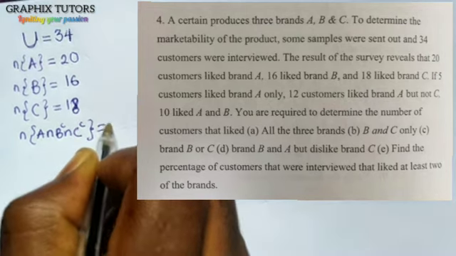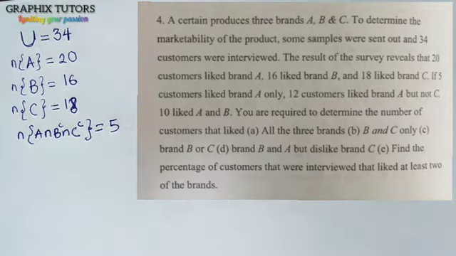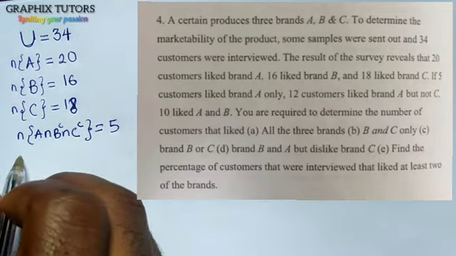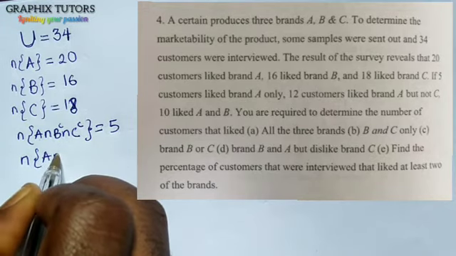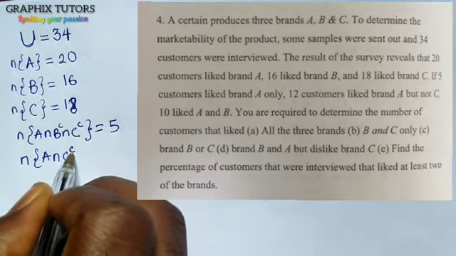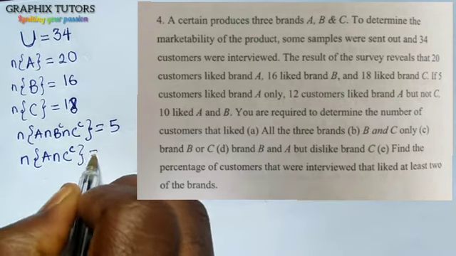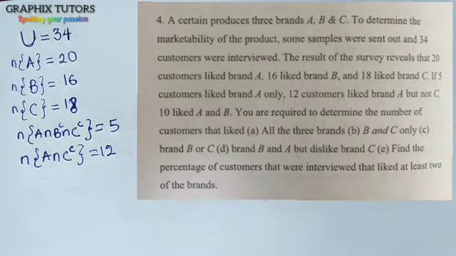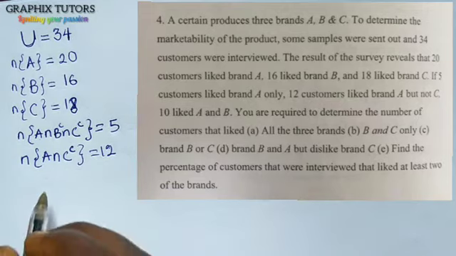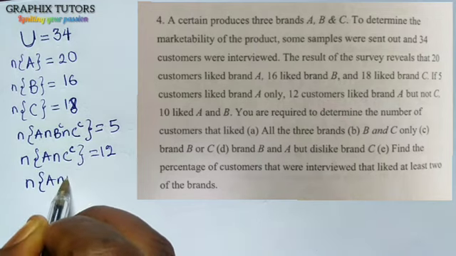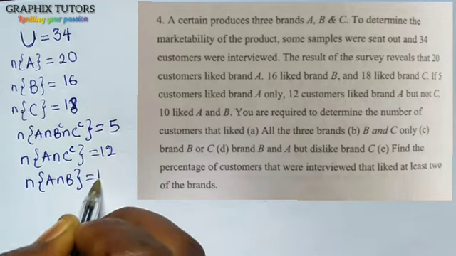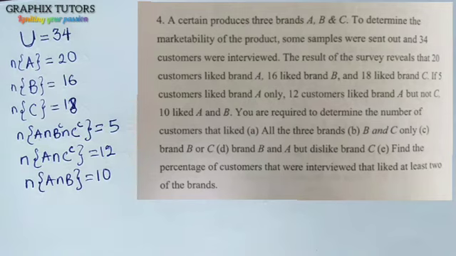And we'll say there are 5 customers that like brand A. Now 12 customers like brand A but not C. It says the number of customers that like brand A but not C, the complement means that but not C, is equal to 12, right? And 10 liked A and B. So the number of customers that liked A and B is equal to 10, right?